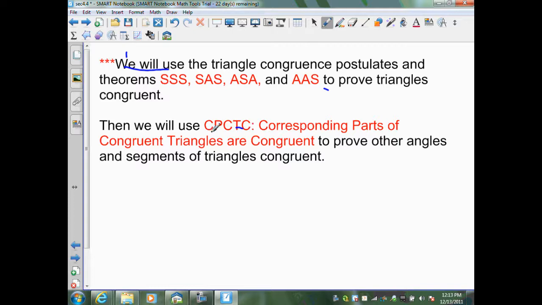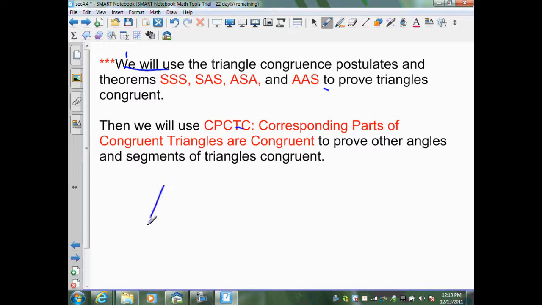We abbreviate that CPCTC. Again, that stands for corresponding parts of congruent triangles are congruent. To use that, we need to first prove that the triangles are congruent, and then we can prove that angles and segments of those triangles are also congruent.